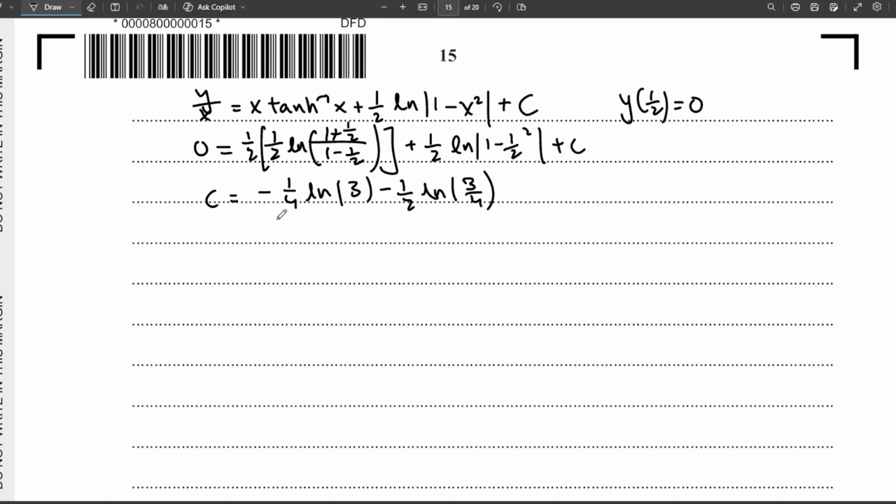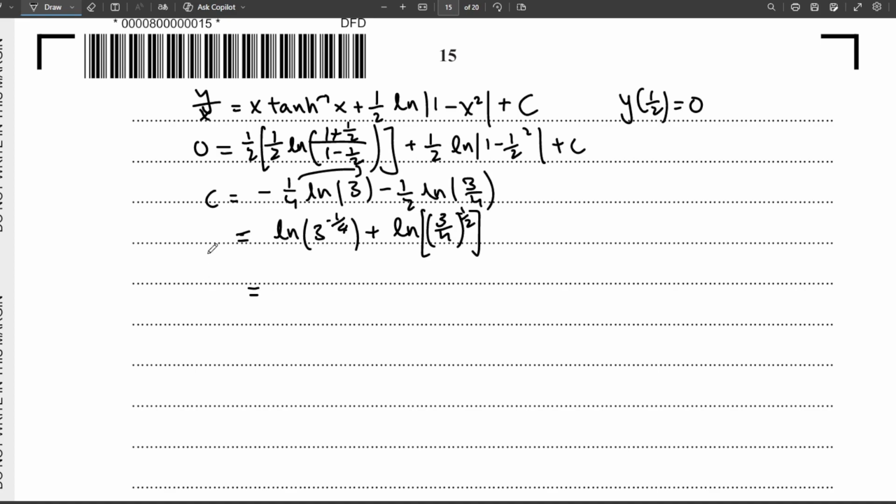Now I want to get rid of the power, so I'll raise this to power 1 over 4, I'll take it to the top. So the negative 1 over 4 will become the power, so it becomes ln 3 to the negative 1 over 4 plus natural log 3 over 4, and this whole thing becomes to the power negative 1 over 2.